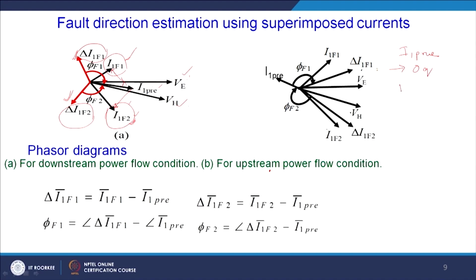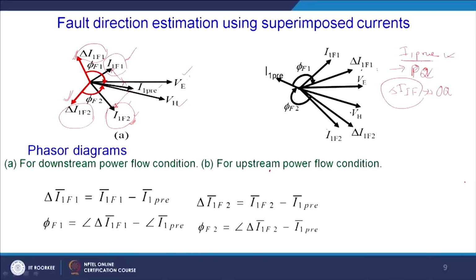Now, this delta I1 F, it may be the F1 fault or the F2 fault superimposed component, and let me correct myself: this I1 pre is known as the polarizing quantity, PQ, and this delta I1 F is taken as the operating quantity. As I already discussed, some researchers and techniques use voltage as the polarizing quantity.